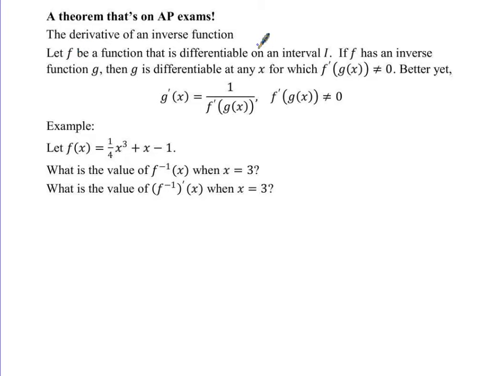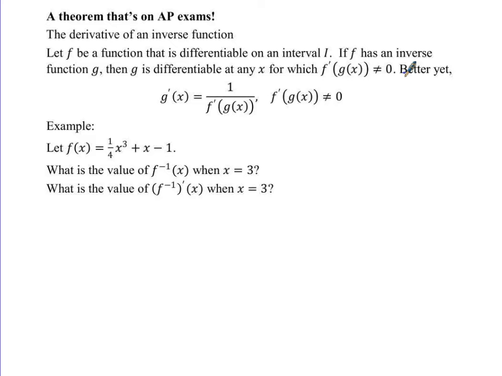If f has an inverse function g, so we're saying that f and g are inverses of each other, then g is differentiable at any x as long as f prime of g of x is not equal to 0. What that's saying is as long as we're not taking the inverse when the slope of the original was 0, like we just talked about.